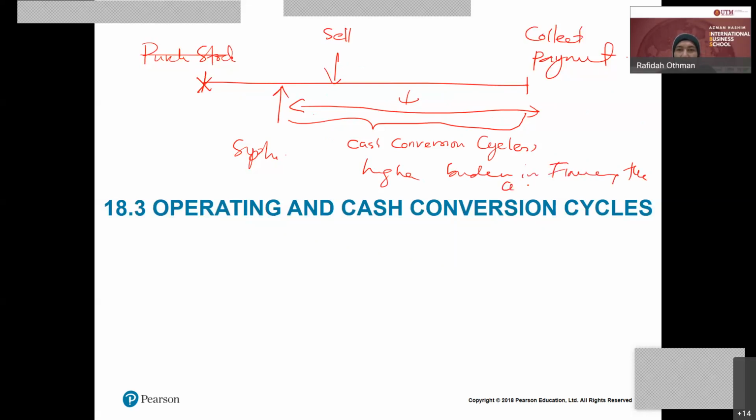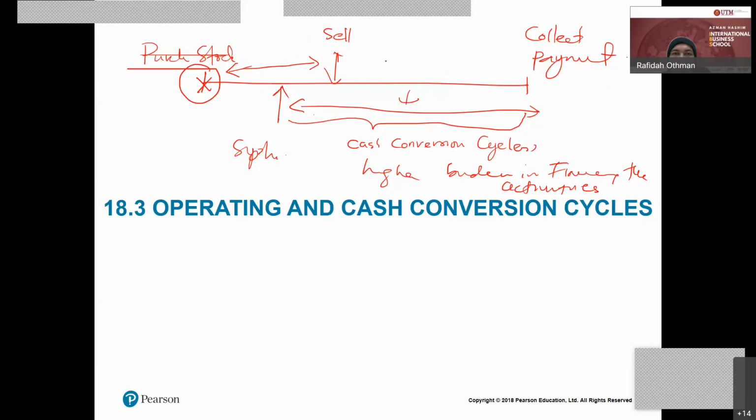The activity and financing the activities. All right, so we need to manage this. When we purchase a stock, we need to know what is the duration here. Inventory period before you go and sell your product.